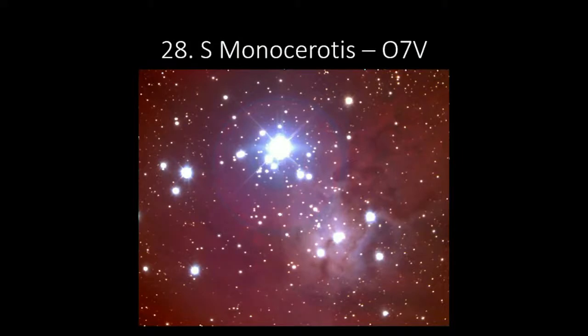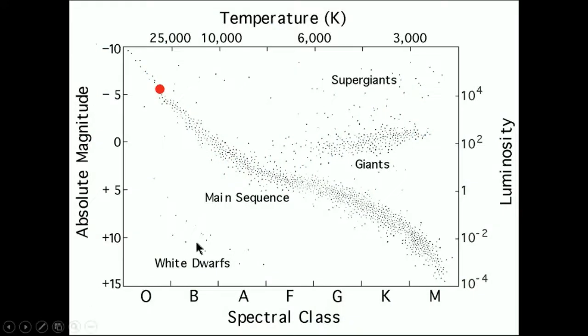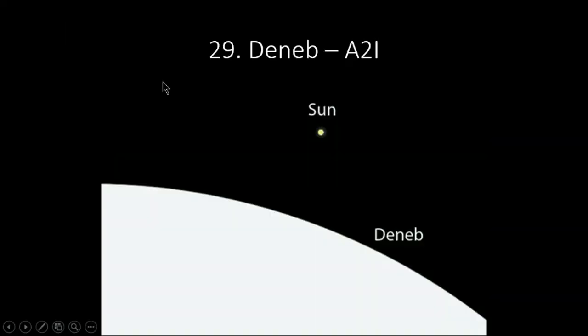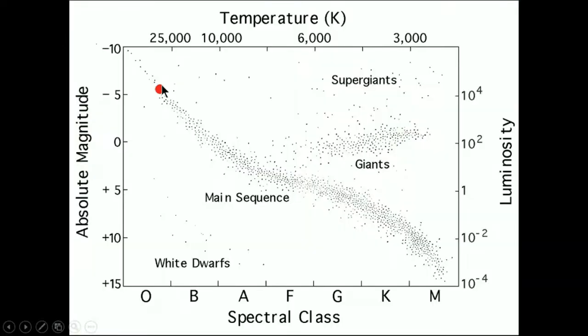So anyway, S. monocerotis is going to be all the way on the left, and it's in the main sequence though. So it's an O7, so it's in the main sequence. But notice again, O7 Roman numeral 5. This is Roman numeral 1, and they're pretty close to each other.